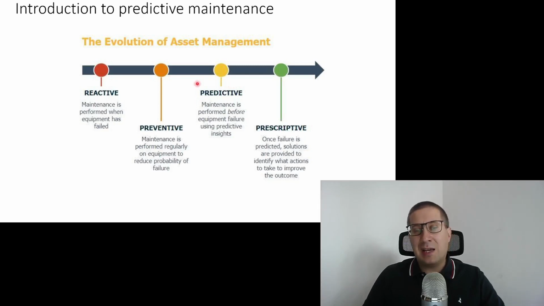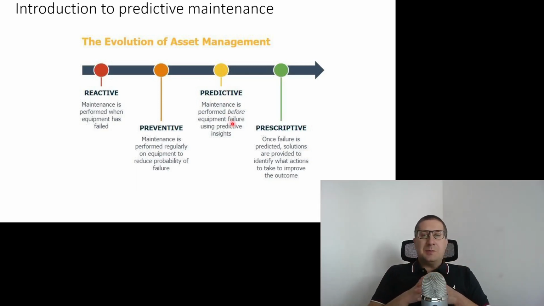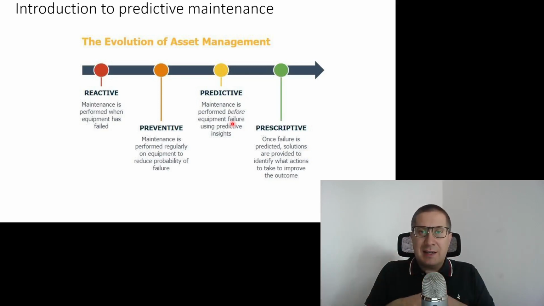And we can extend this approach into the prescriptive maintenance. So in this case, we are not only informing that there is a risk of a failure, but also we are suggesting what steps need to be taken, what to do to, first of all, avoid the failure, mitigate the risk of the failure, or at least what to do to lower the negative impact of the failure.